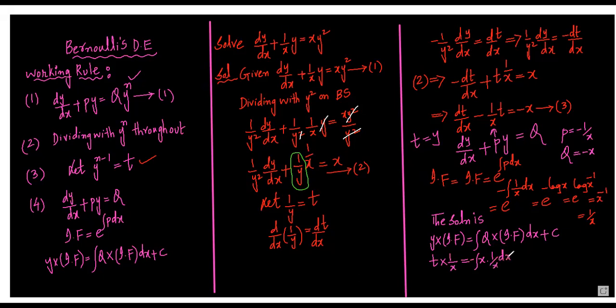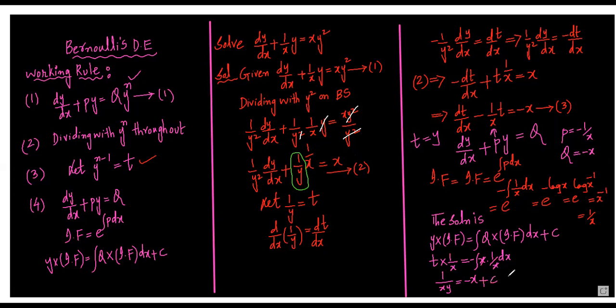We write c later, at the end. We assumed t value is 1 by y. So 1 by y into 1 by x equals minus, x and x cancel, integration of 1 dx is x. And finally we add our constant c.